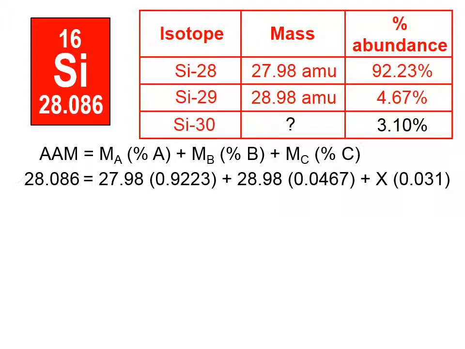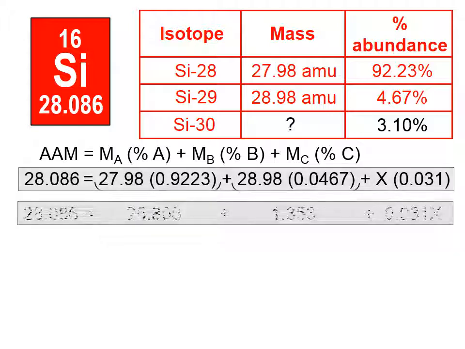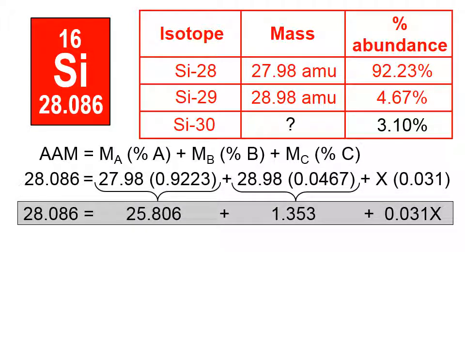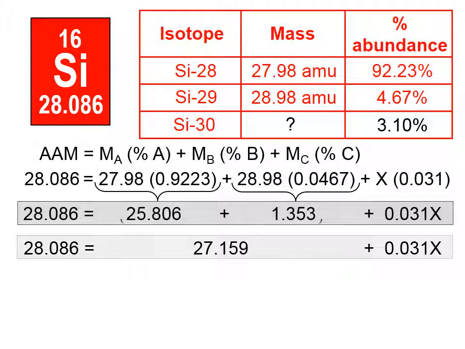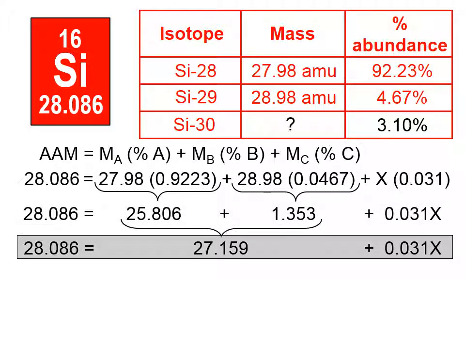Now we're ready to go. We have one equation with one unknown, and it's simply a matter of doing the algebra correctly. So I'll go ahead and show my work here. We're going to take this product and that product and that product. Notice that I've simplified those. We're going to add together the 25.806 and the 1.353.